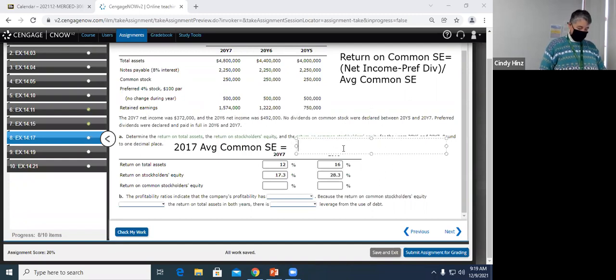Add together the common stock and the retained earnings for the 2 years, and then divide by 2 to find the average common stockholders' equity. Now keep in mind, this is the book value of the common stock. It is not the market value, it's the book value.